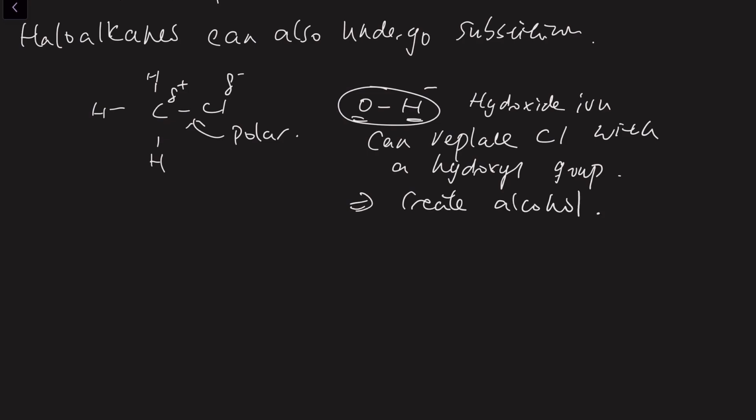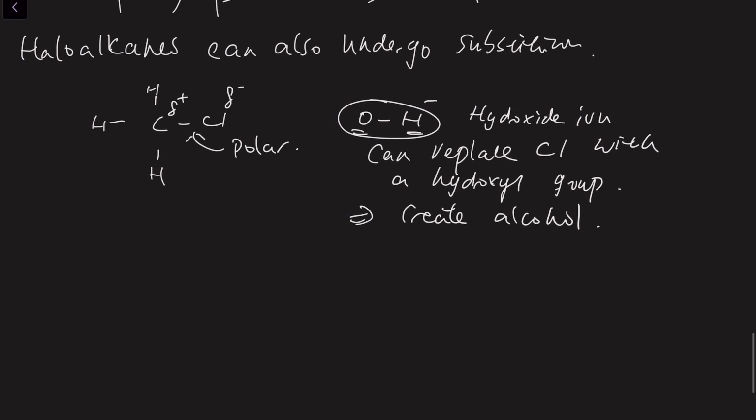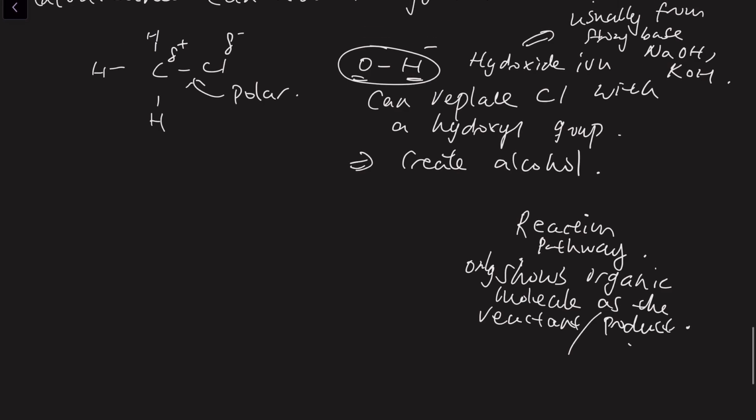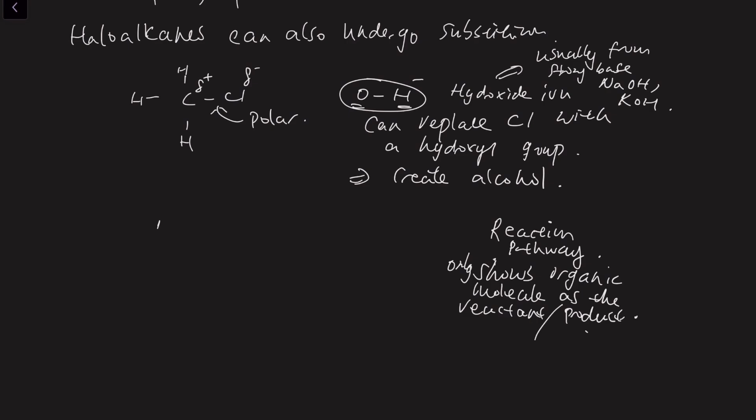So where does the hydroxide ion come from? It usually comes from a strong base, like sodium hydroxide or potassium hydroxide. So with this information, we can write this type of reaction as an organic pathway.